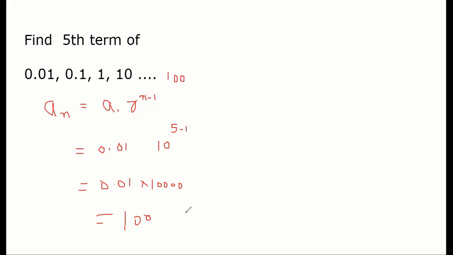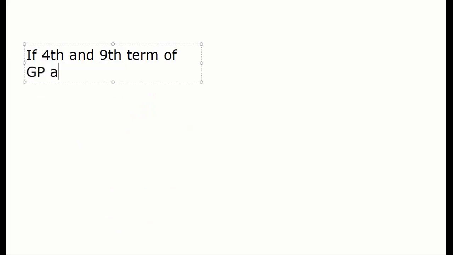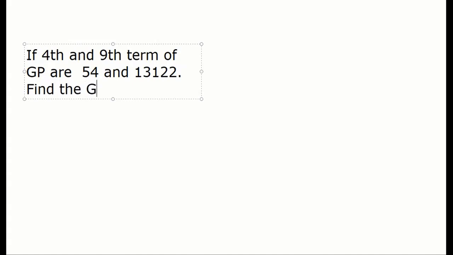Now in GP, we can have very different types of questions, but easy. Suppose I say, if the fourth and ninth terms of a GP are 54 and 13122, find the GP.